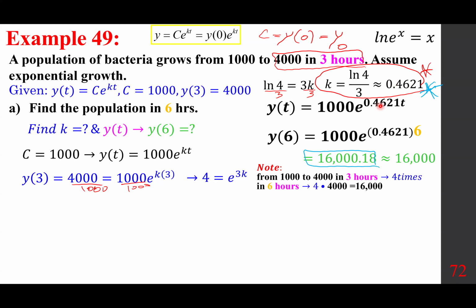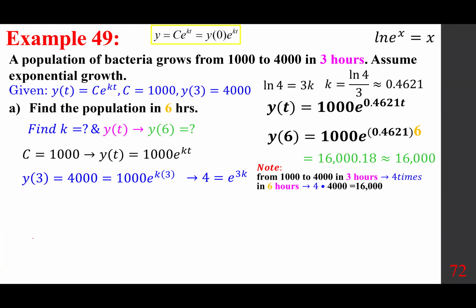Just so you can see what I am talking about right here, this one. Let me just erase the work first.